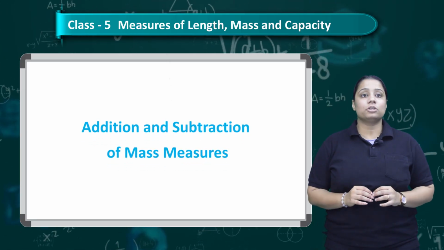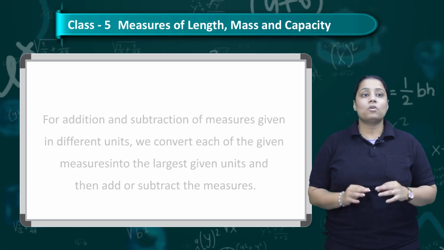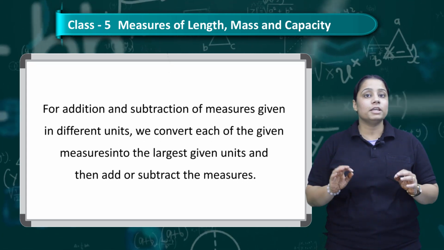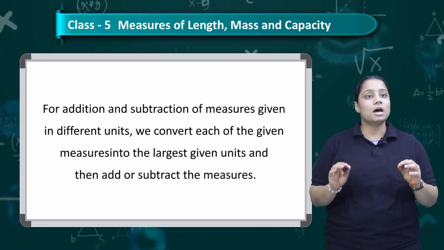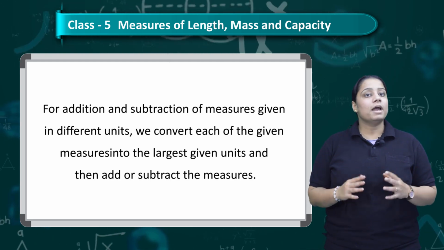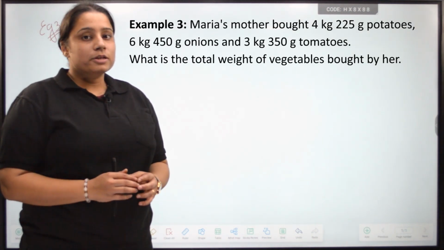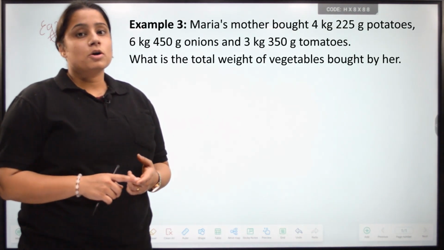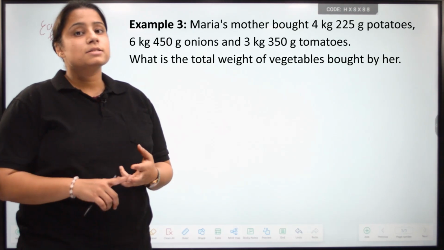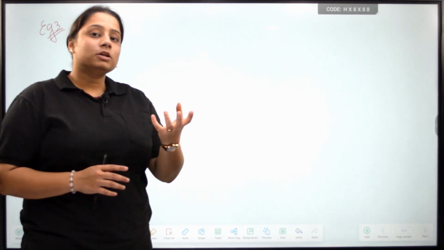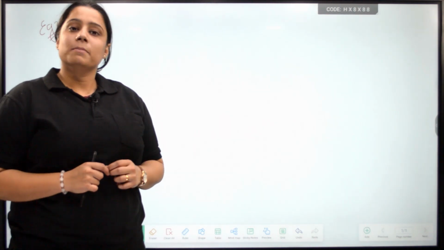Addition and subtraction of mass measures. For addition and subtraction of measures given in different units, we convert each of the given measures into the largest given unit and then add or subtract the measures. Example 3. In this question, we can see that Maria has bought some potatoes, onions and tomatoes with their given weights. We need to find the total weight of the vegetables bought by Maria.